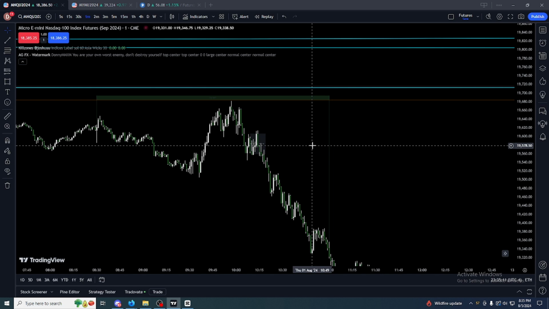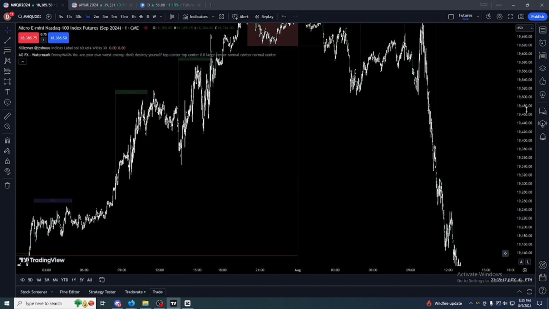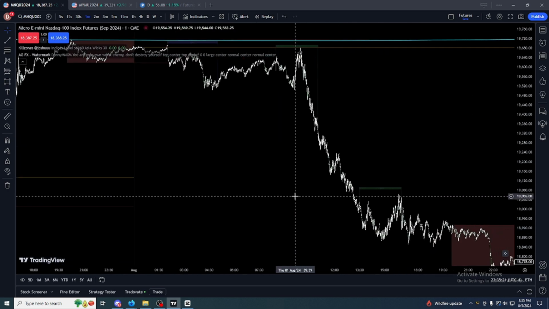This was enough for me to enter a trade because we have two overlapping PD arrays. And as you can see, we dumped all the way down very quickly. So that's one example of how you can get really, really high probability trades with time frame alignment, and there'll actually be higher conviction as well.